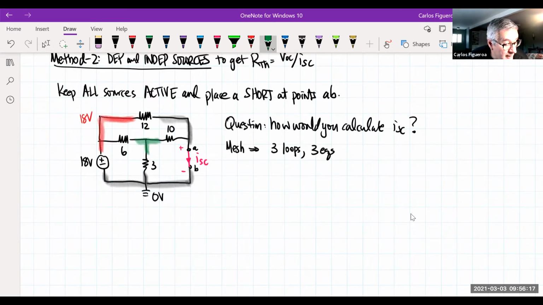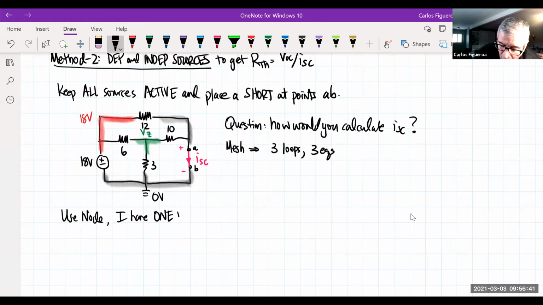So I could define that node. Let's call it VZ, since we called the other one VX. If I use nodal analysis, I have one node, but I got to get that I short circuit.